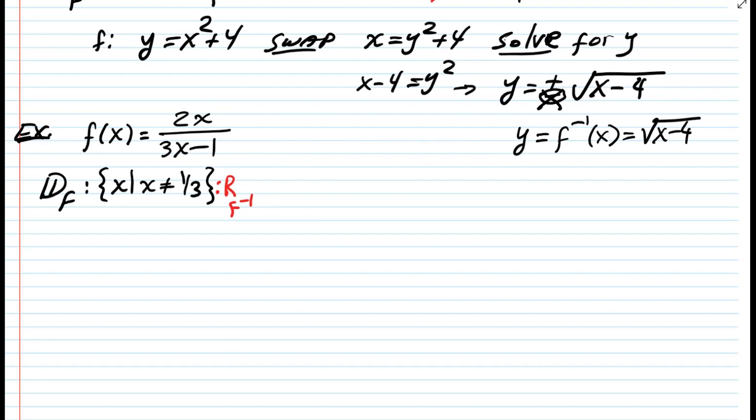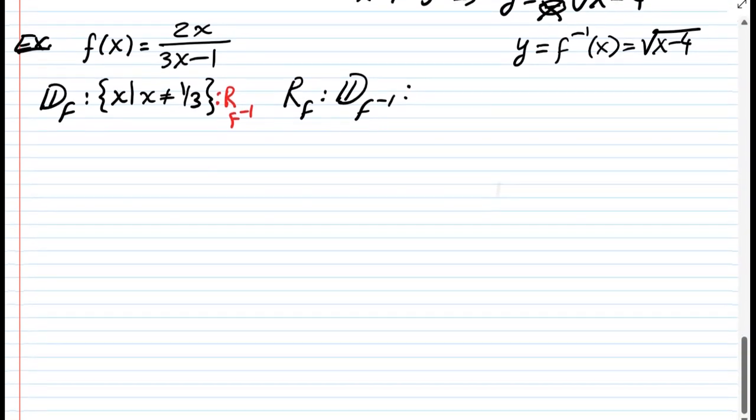Now what about the range? Let's hold off on the range of the function. Usually the range may be easier, because the range of the function and the domain of the inverse will be the same, right? So I'm hoping it'll be easier for me to get that range of the function bouncing off of the domain of the inverse.